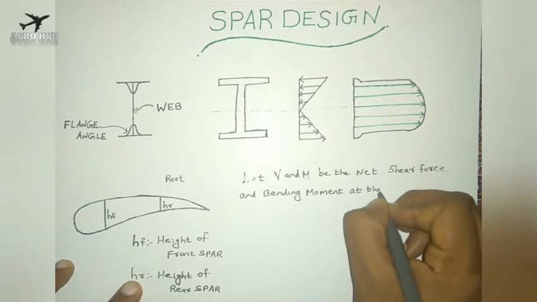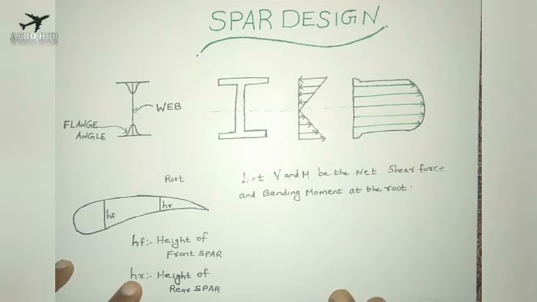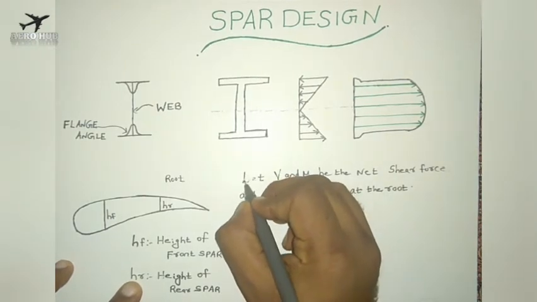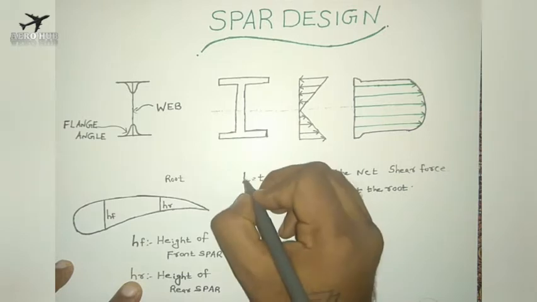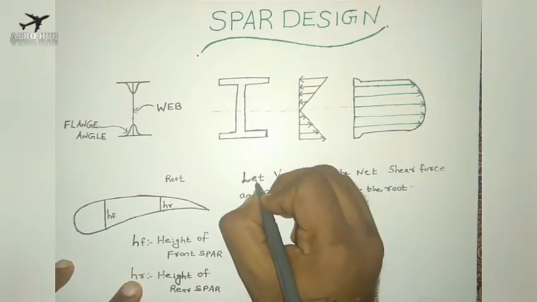We are analyzing the root airfoil section, and you are aware that the maximum bending moment and maximum shear force act at the root airfoil. That's why I am analyzing the root airfoil section.